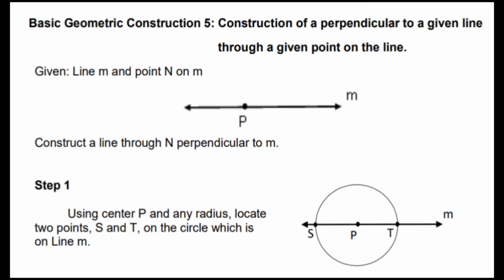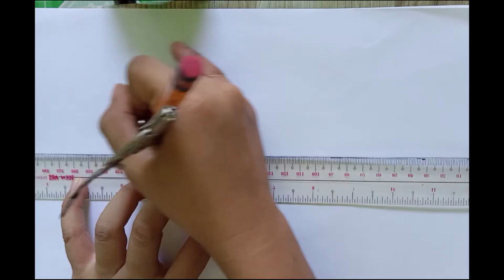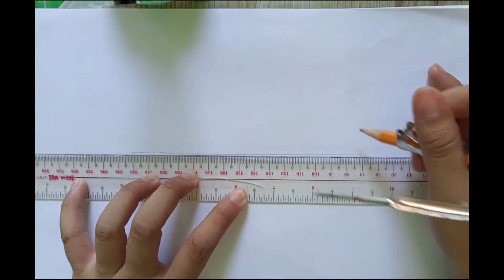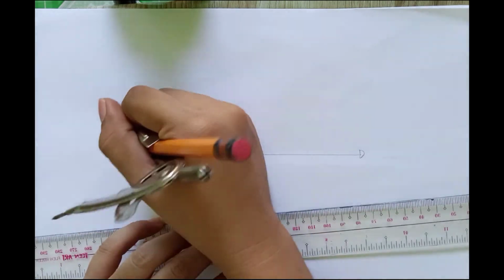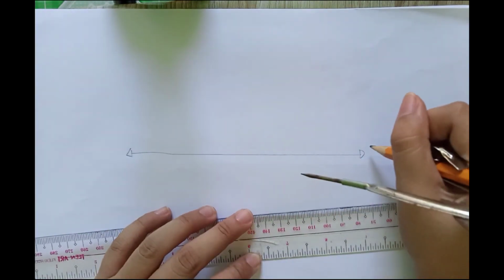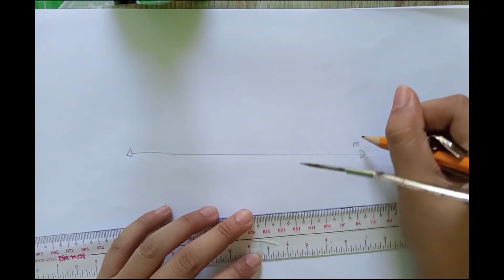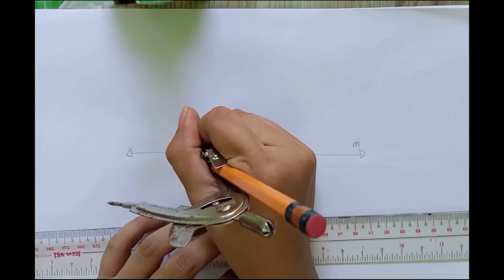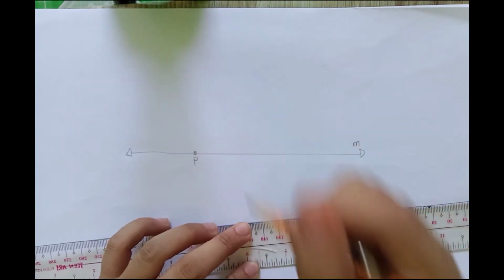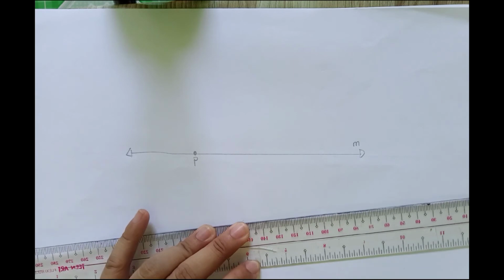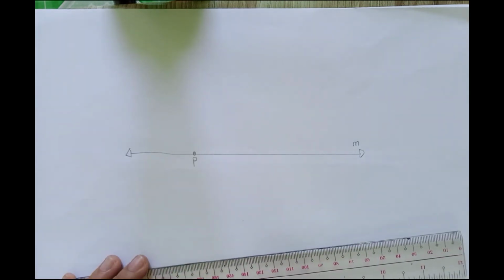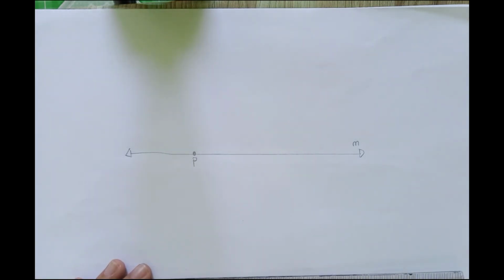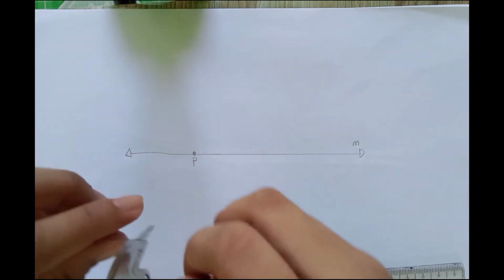Now for number 5, we have the construction of a perpendicular to a given line through a given point on the line. Given the line M, so we have to draw a line M, and point P on line M. We will construct a line through P perpendicular to M. Step 1.